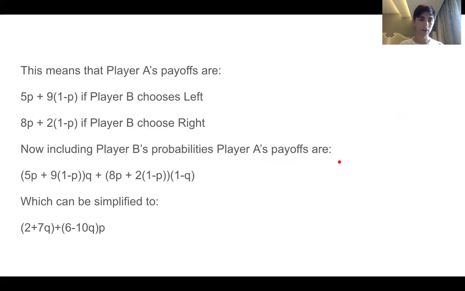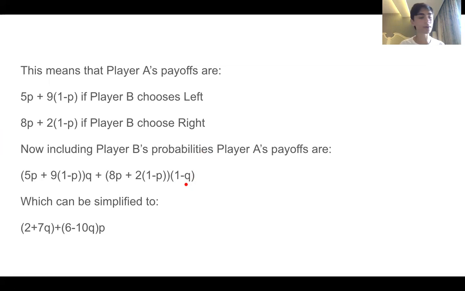Because we know the expected payoff if player B chooses left, we can multiply that with the probability that player B chooses left to get that expected value, which is 5P plus 9 times 1 minus P, all times Q, and then plus 8P plus 2 times 1 minus P, the expected value of player A given that player B chooses right, times the chance that player B chooses right, which is 1 minus Q. That is player A's net payoff, right?